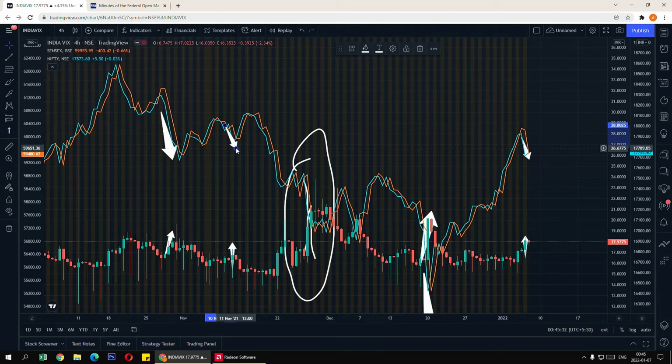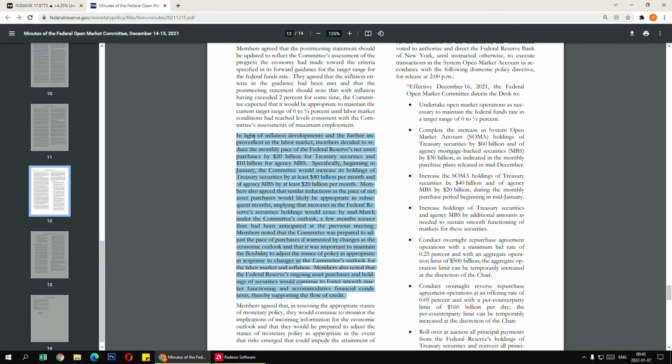I've also found the Federal Reserve's Open Market Committee meeting transcript. If you want to take a look, I'm going to put a link in the description. You can read it yourself, and here it is. This was really fascinating when I read it. Actually, I knew about this, that they are going to taper, as they mentioned, in light of the inflation developments and the further improvement in the labor market.